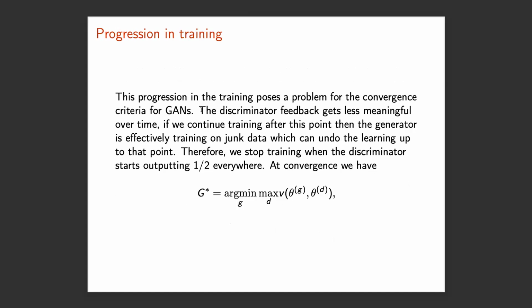The discriminator feedback then gets less meaningful over time. If you continue training after this point, the generator is effectively training on junk data, which can undo the learning up to that point. So you would typically stop the training when the discriminator starts outputting just 50%, which is just like tossing a coin.